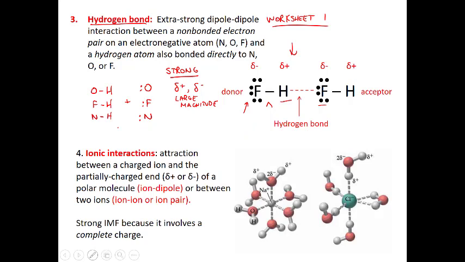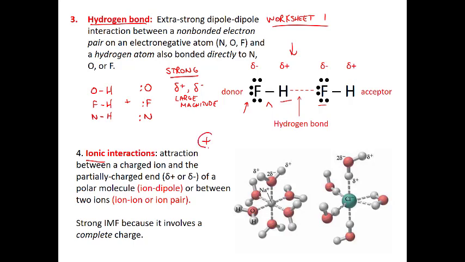All right, the fourth type of intermolecular force, still stronger than even hydrogen bonds, although much more variable than hydrogen bonds. This is what we would call ionic interactions. And this isn't a single intermolecular force, it's a family of intermolecular forces. So this is whenever you have a partial charge and a complete charge, or two complete charges.